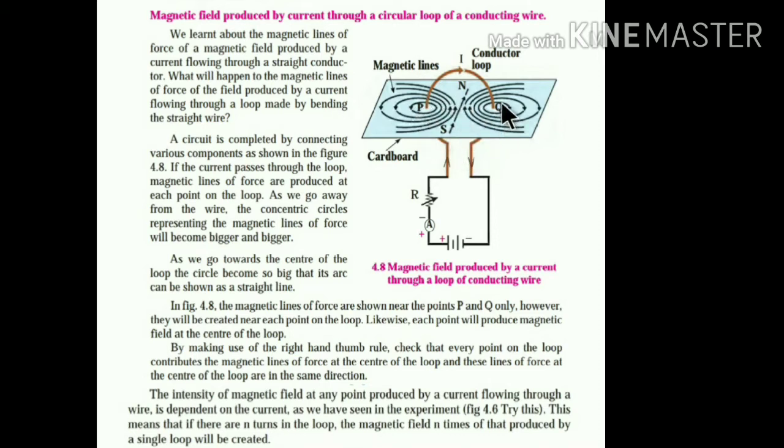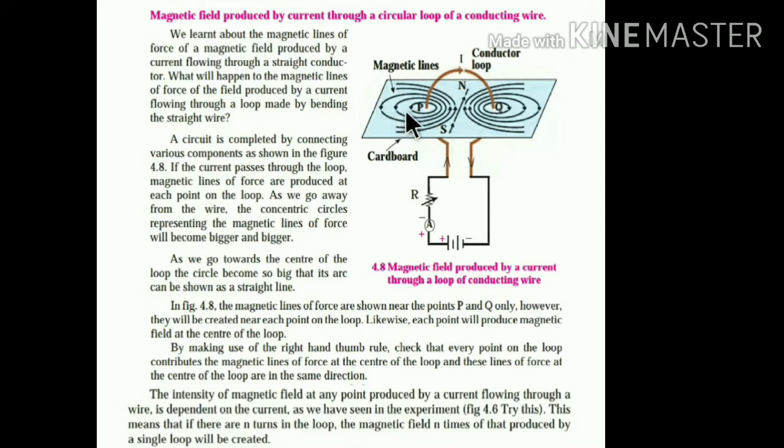Here we spread iron filings, and the iron filings are arranged like this, showing the magnetic lines of force. As we go away from the wire, the concentric circles representing the magnetic lines of force become bigger and bigger.